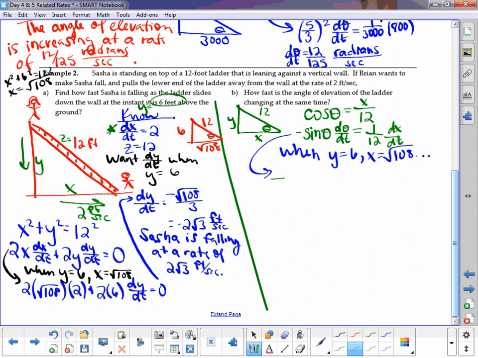So what's sine of theta going to be? Yeah, 6 over 12 or 1/2. Okay, so we still have a negative, so negative 1/2 d theta dt. Oh, that's what we're looking for. Then 1/12, and the dx dt was 2. Alright, go ahead and solve for d theta dt.